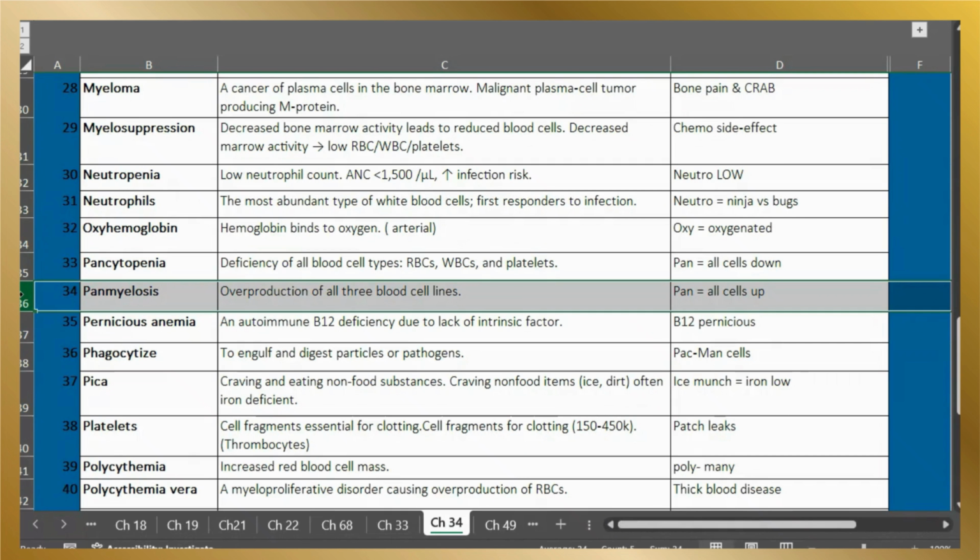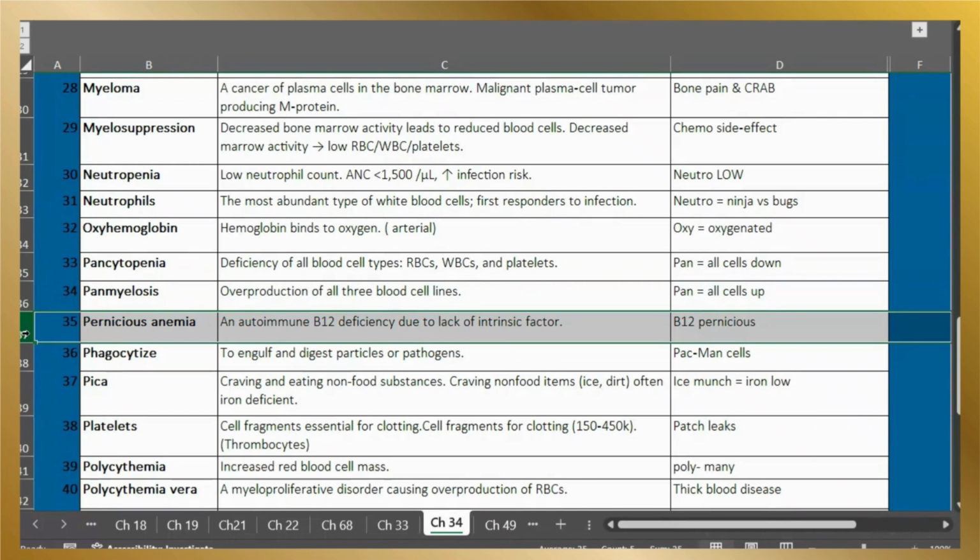This is seen in polycythemia vera, another red blood cell disease caused by thick blood and increased clot risk. So proliferation of all bone marrow components.